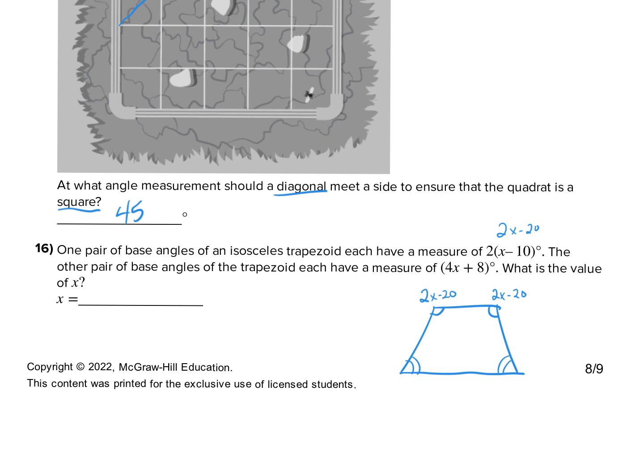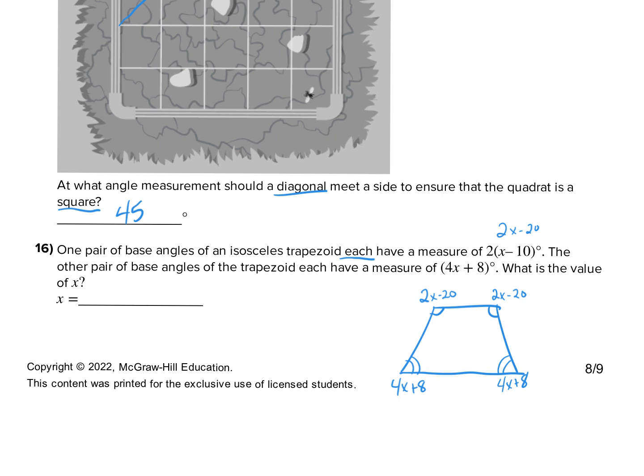And it says the one pair each. So each angle is 2x minus 20. Then the other pair is 4x plus 8. Okay, what is the value of x?